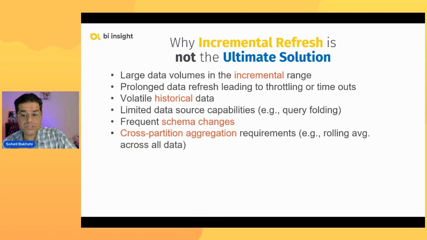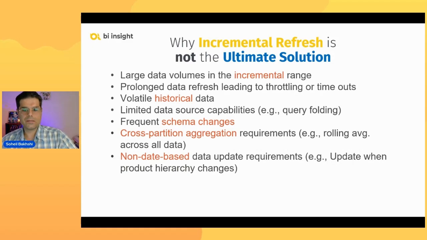Cross-partition aggregation requirements, something like a rolling average across all data, the entire data, including historical, and every single change that happens in one partition must be accumulated in the other partitions, right? So that would be a really hard challenge to have.